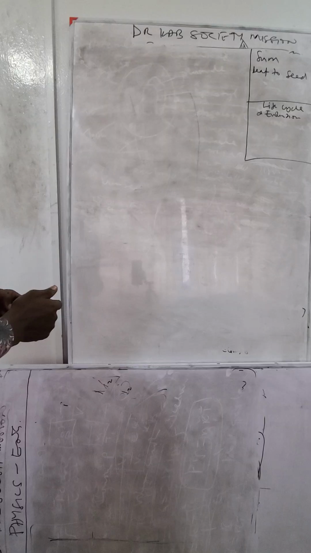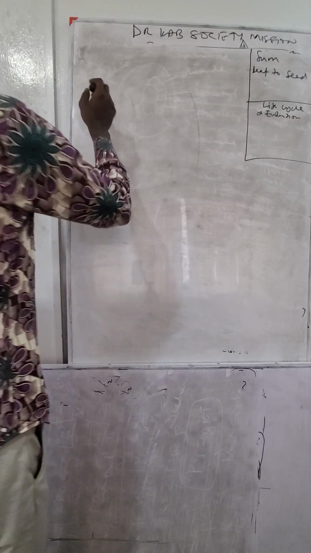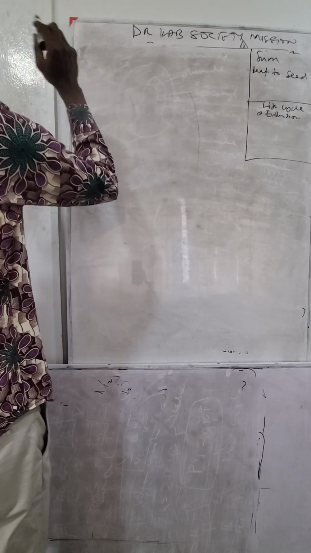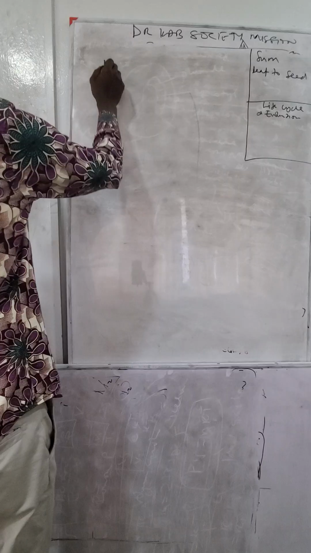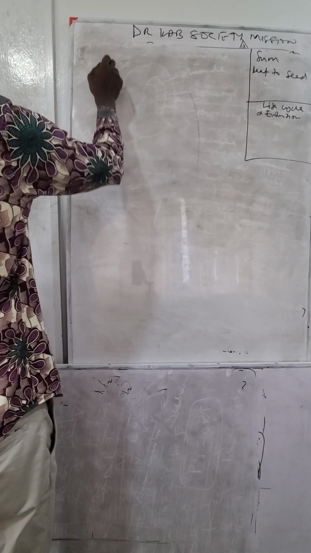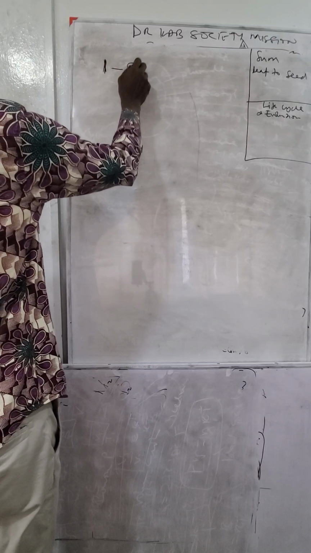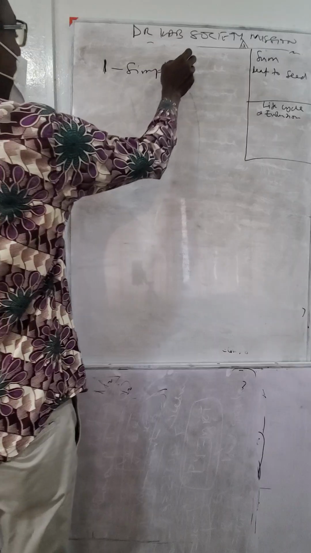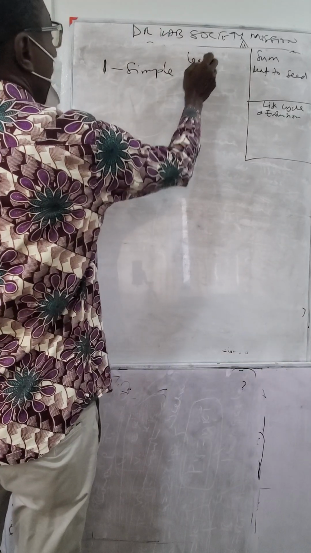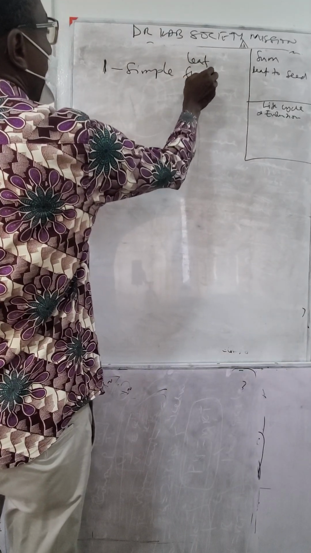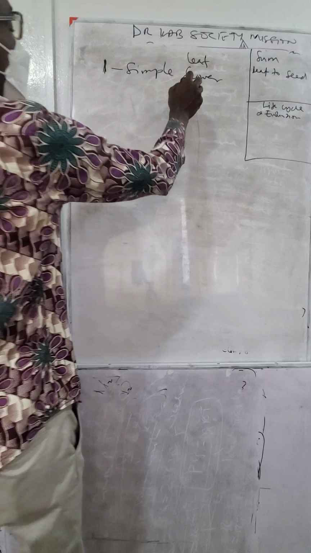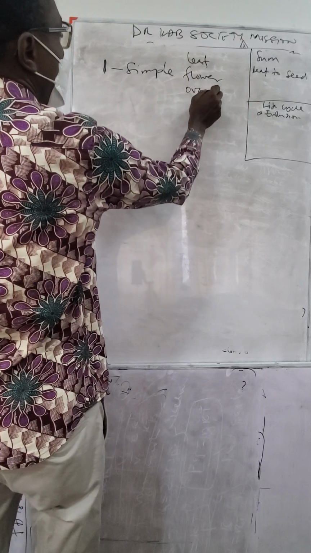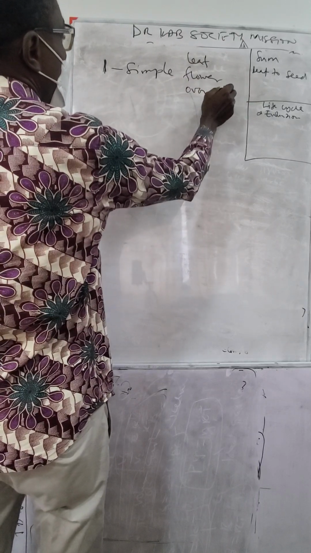And then we look at something small in evolution. Right, so we said that with classification, if it's only one of what you are dealing with, then we say simple. This can be the leaf, the flower, or the ovary, which has the ovules.